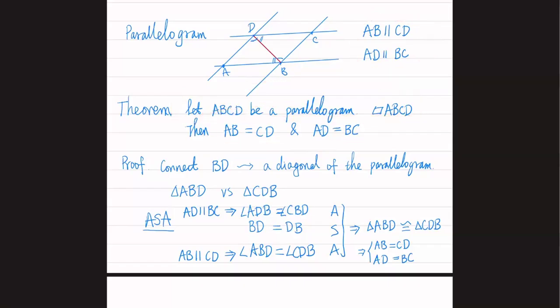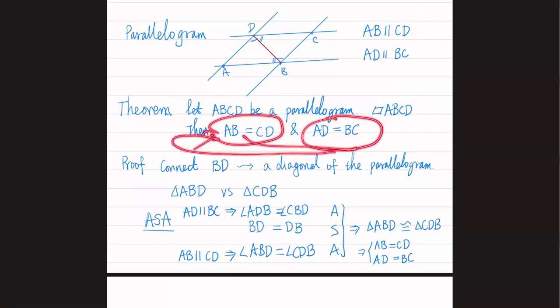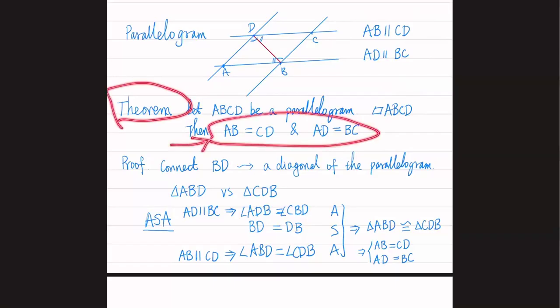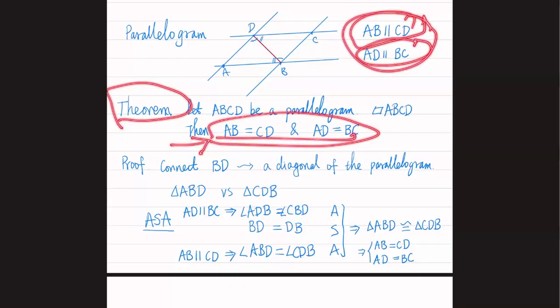We wanted to prove it, but we cannot use this to prove itself. So this is what we want. It's not what we have. What we have is that two sides are parallel. Using this information only, we prove that they are the same length.